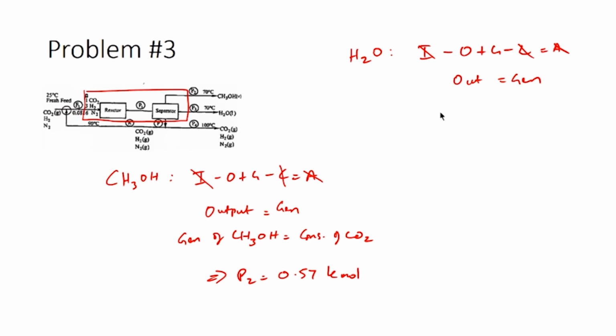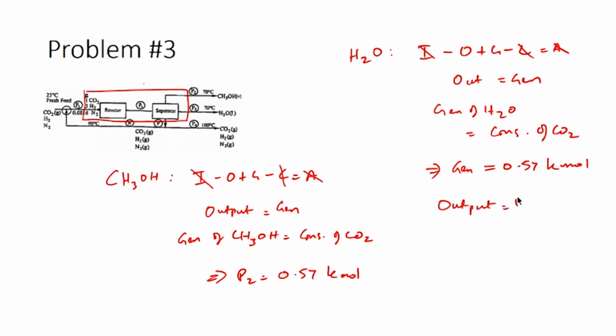Looking at stoichiometry, generation of water is equal to consumption of CO2. This implies generation of water is equal to 0.57 kilomoles. So, therefore, output which is P3 is equal to 0.57 kilomoles.